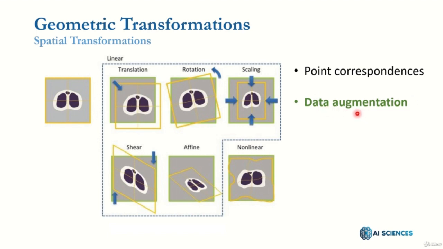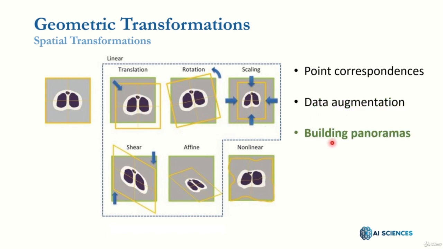So transform the image and generate new images, and this is called data augmentation. Practically, it is proven to improve the performance of a convolutional neural network significantly. And that also requires knowledge of these spatial transformations or geometric transformations.